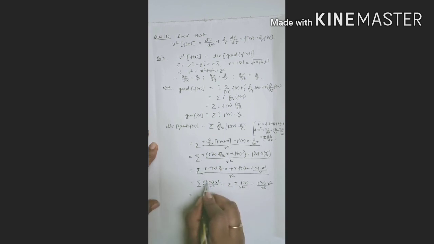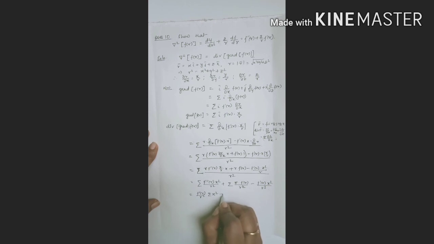So what you have is, since this term will be common for all x, y, z, we can take it out of summation. So we have f double dash r by r square summation x square, plus this 1 by r out of summation.